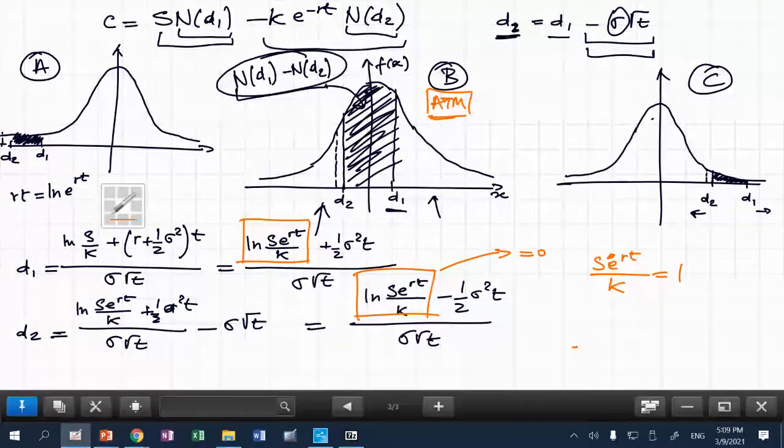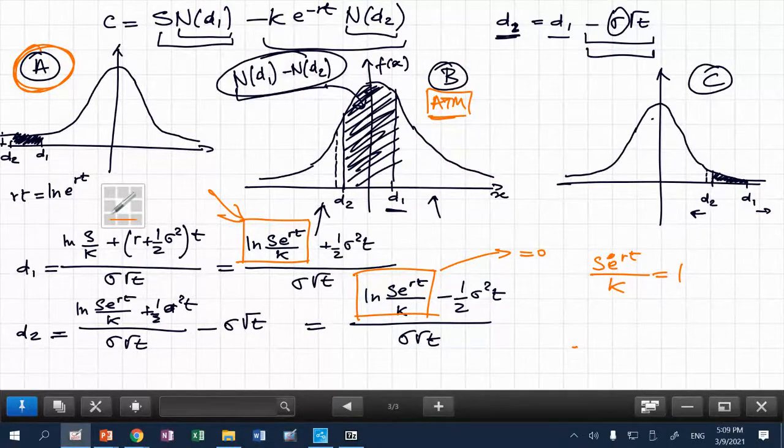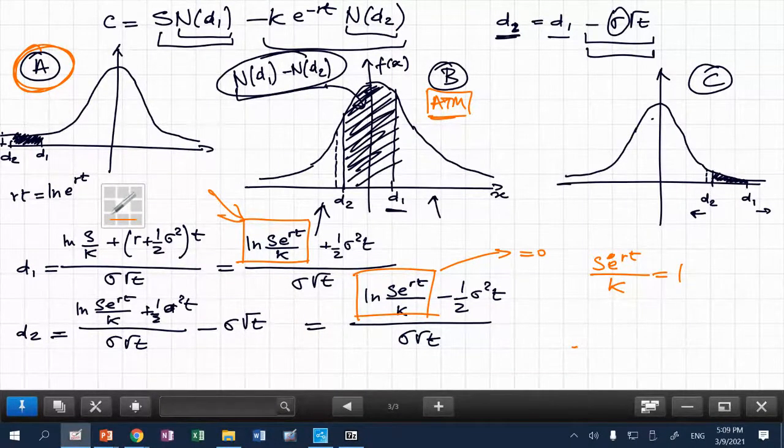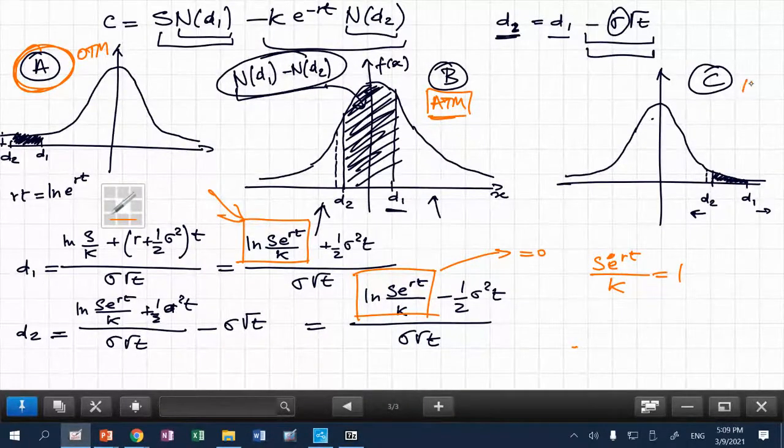Instead, if you are in case A, you are in a situation in which this component is not around 0, but is sharply negative, which is the case in which the spot price is very low. So even S times e to the power rT is much lower than K, so the option is out of the money. Instead, case C is when this log is very positive, so when the option is in the money.